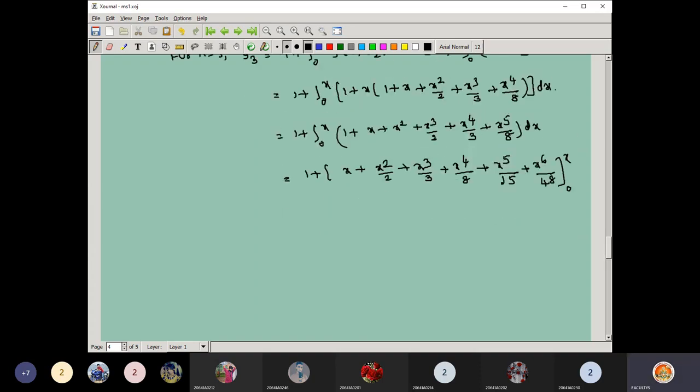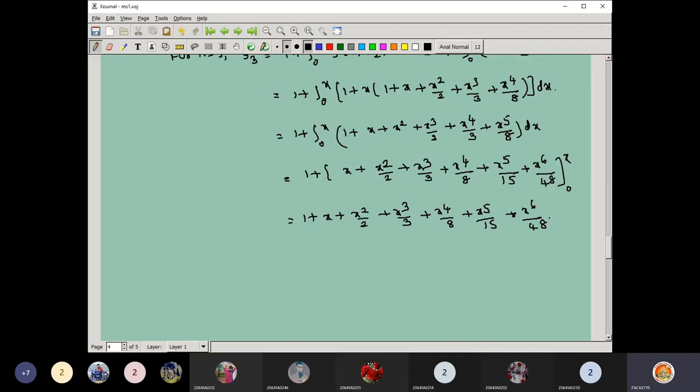When I substitute the limits, 1 plus x plus x square by 2 plus x cube by 3 plus x to the power of 4 by 8 plus x to the power of 5 by 15 plus x to the power of 6 by 48. So that is your third approximate root.